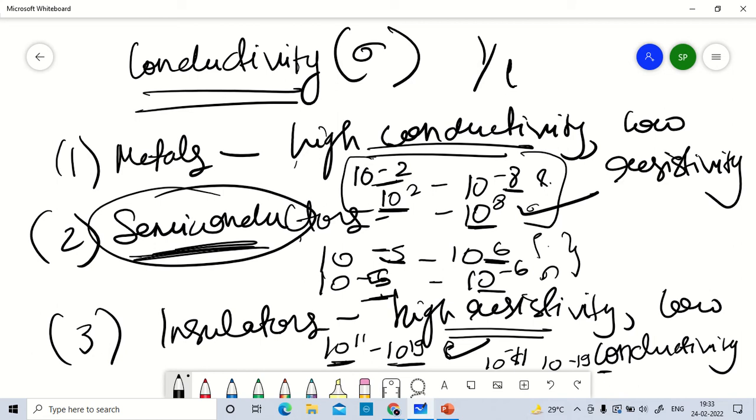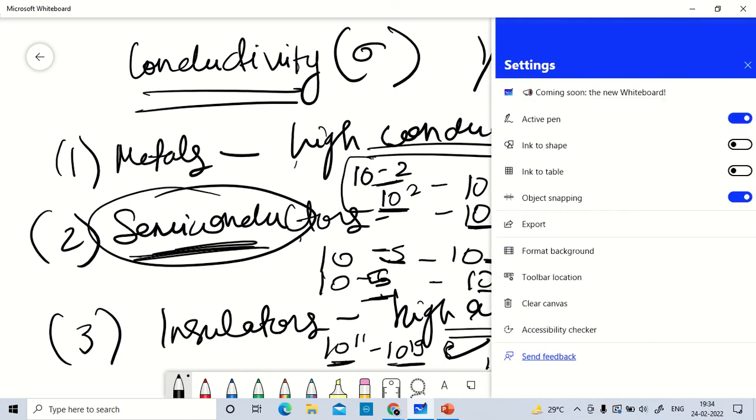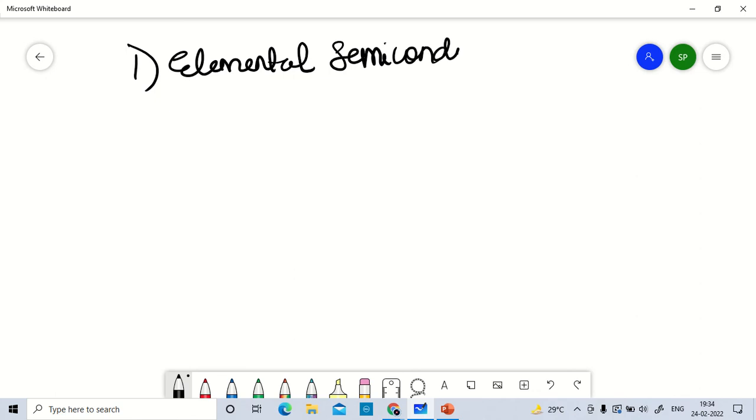Our interest in this chapter is in the study of semiconductors, which could be elemental semiconductors or compound semiconductors. So what are elemental semiconductors and what are compound semiconductors? First, let's come to elemental semiconductors. As you can see, elemental: silicon, germanium.